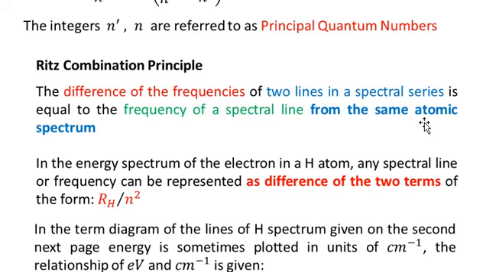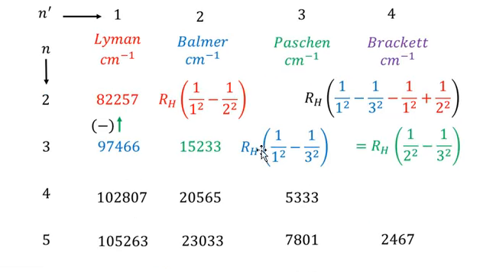So if you are studying the hydrogen spectrum, then the difference of frequencies from the same series can give you a spectral frequency of the same atomic spectrum lying somewhere else. For example, the difference of the wavelengths corresponding to n equal to 2 and n equal to 5 will give you a different wavelength, corresponding to a line in a series of the spectrum.